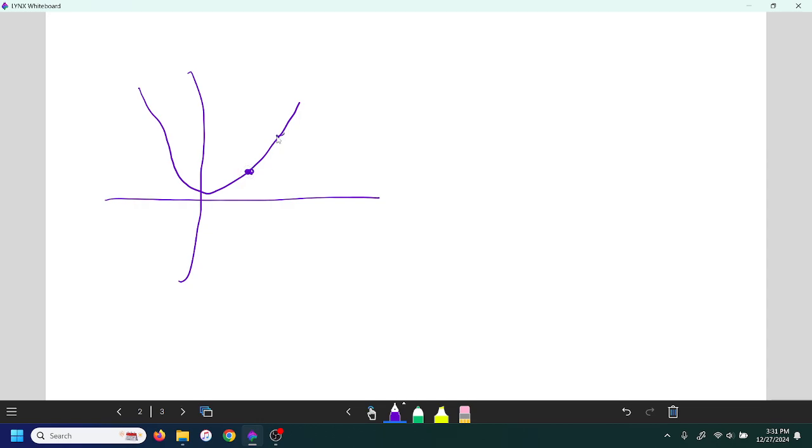So if we look at 2 points here, then we can say, all right, what is the average rate of change of this function on this interval from a to b? Essentially, we're looking at the slope of the line that would pass through those 2 points. So this is the secant line that passes through those 2 points on the curve. So we're finding the slope of that secant line essentially when we're finding the average rate of change on an interval.